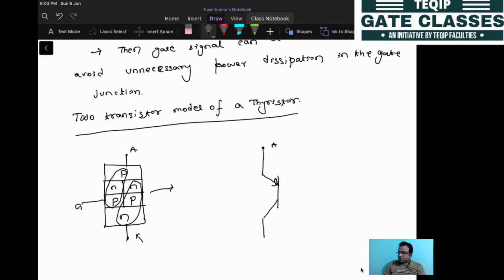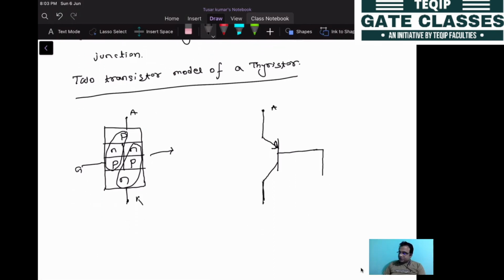Then here will be the other terminal, this is the base terminal. The second transistor will be an NPN transistor. This will be connected here, and this will be the gate terminal. So this is the anode, and this is the cathode terminal.